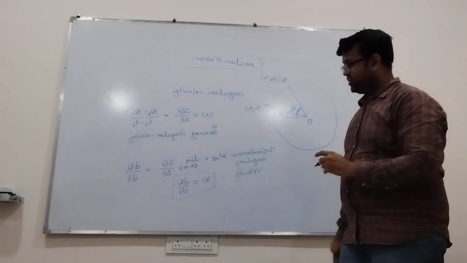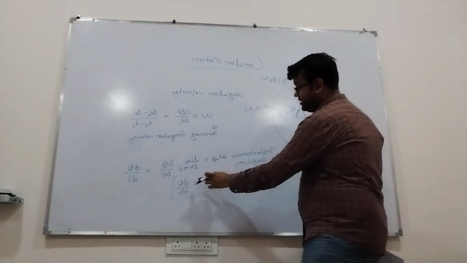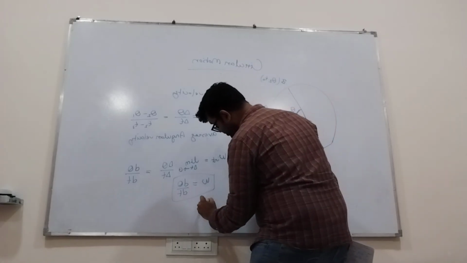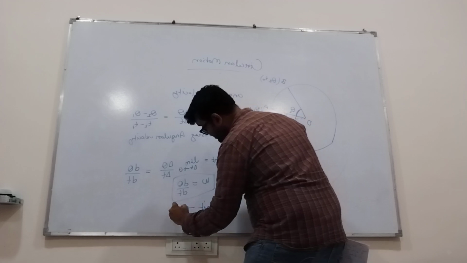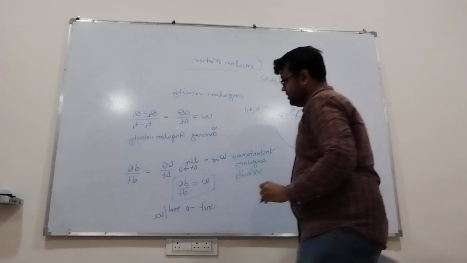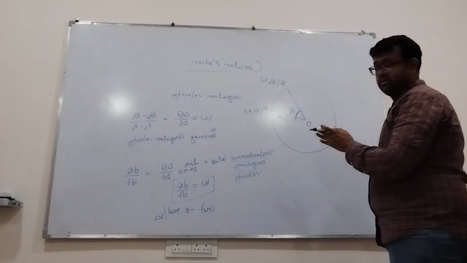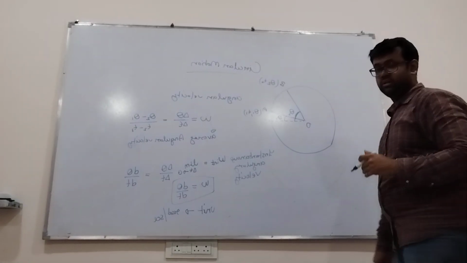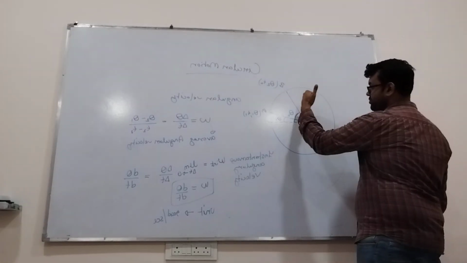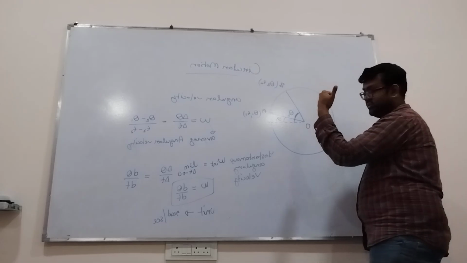So what will be the unit of the angular velocity? It will be radian per second. The direction of omega, the same way we discussed when we were discussing the angular displacement: you have to move your right hand in the direction of the motion, and the direction of the thumb will be the direction of omega.